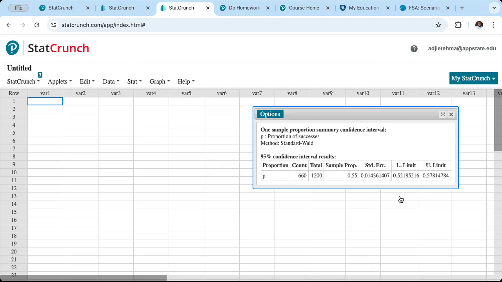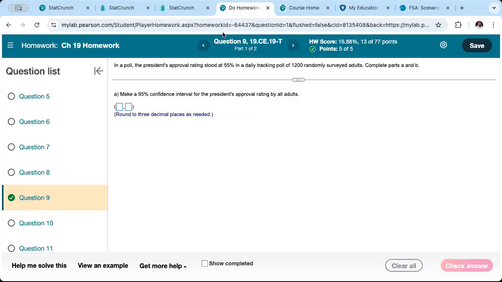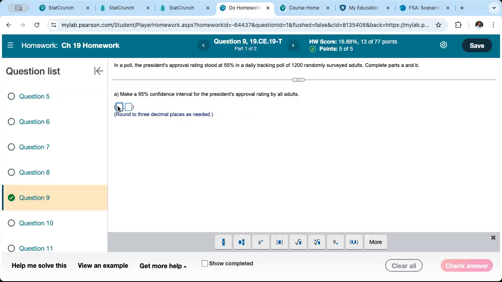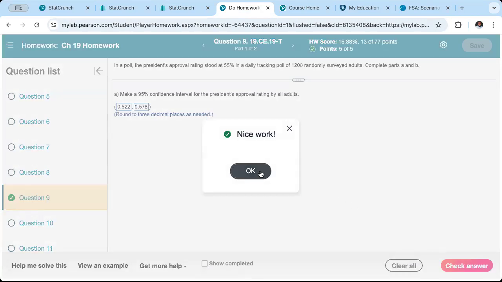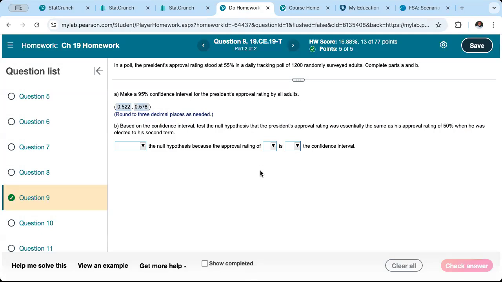My upper is 0.5781. So I just need to put them here to 3 decimal places. 0.522, 0.578. You see? Good.